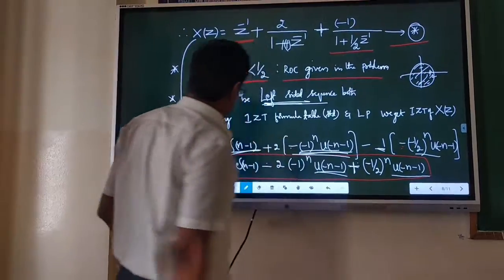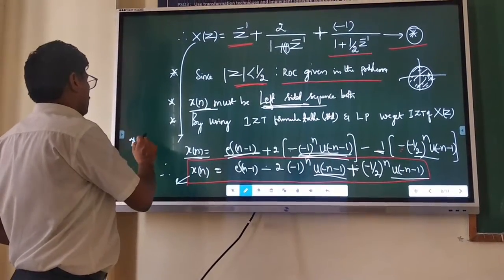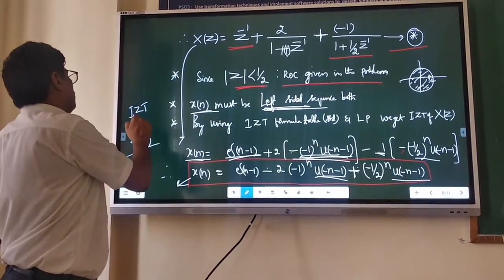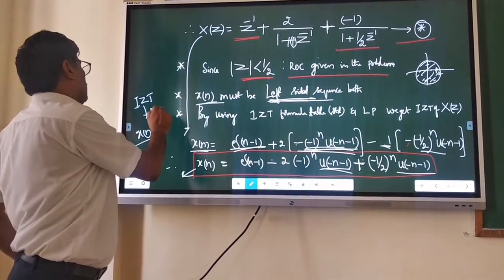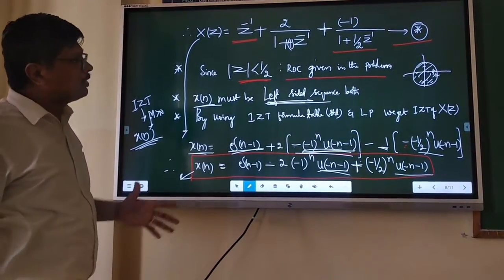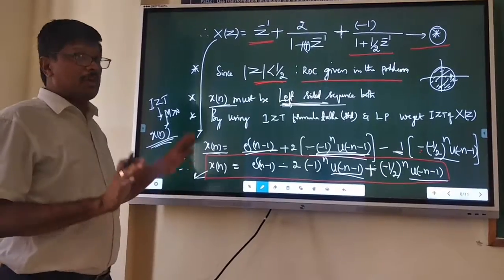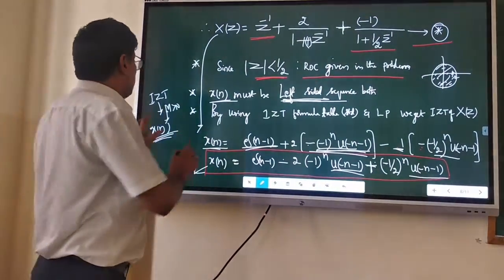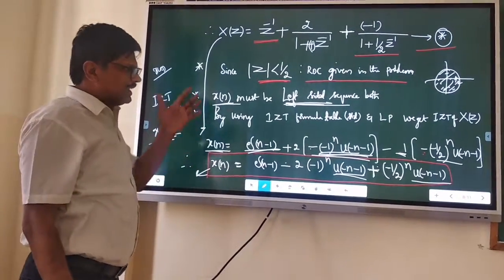This is how we can use the inverse Z transform technique for m greater than n to get my original sequence x of n, which is very, very important. This type of flexible, effective, efficient method is not there to analyze discrete time signals, which is what today's processing is.